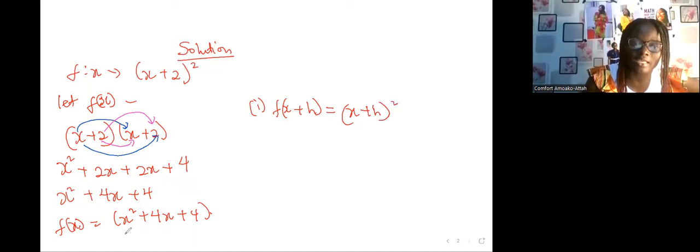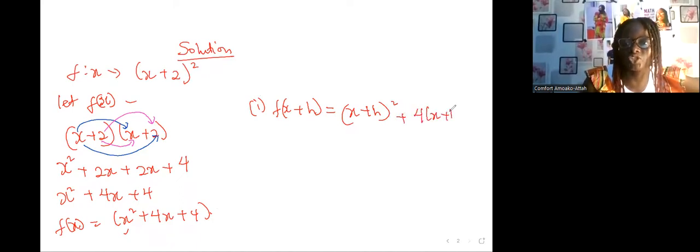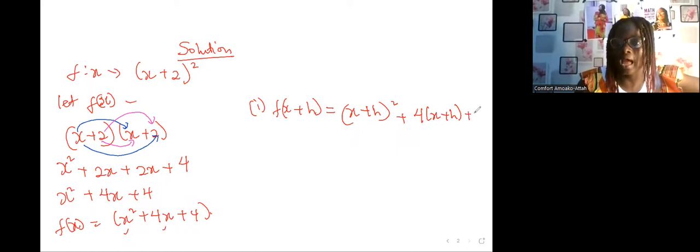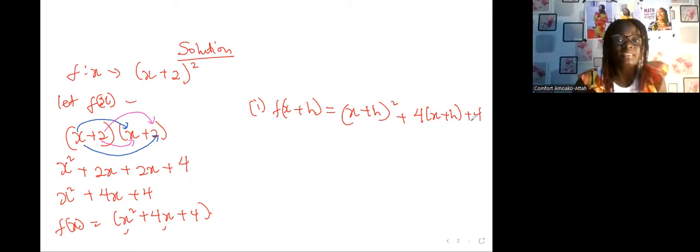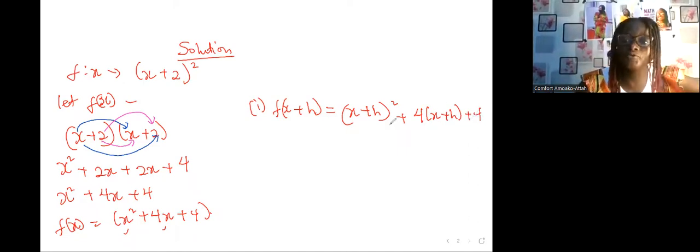That's the first one, x squared. Then the second one, plus 4 brackets x plus h. The second one gone, plus 4. This also means that we have to expand this bracket as well. So we are expanding all the brackets. Let's pick them one after the other.